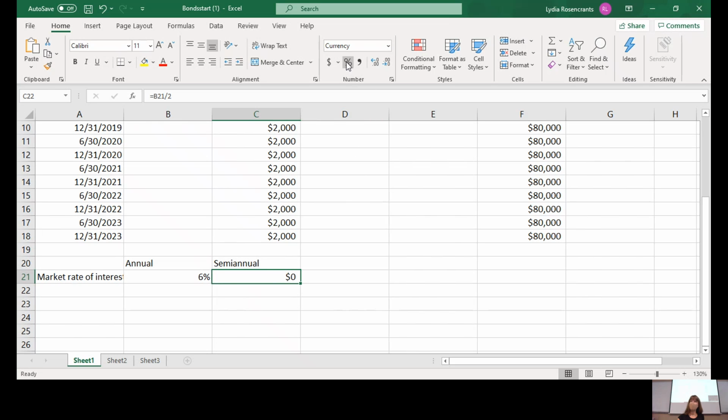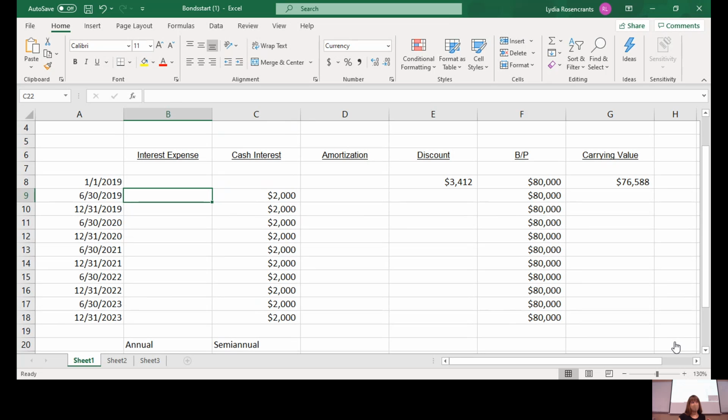I would just go up here and hit percentage. Okay. And I like 3%, but if I wanted it to have more decimals or fewer decimals, I've got this little guy right here that would increase decimals for me if I wanted to. So I just made it a percentage, and it is 3%, which is exactly right.